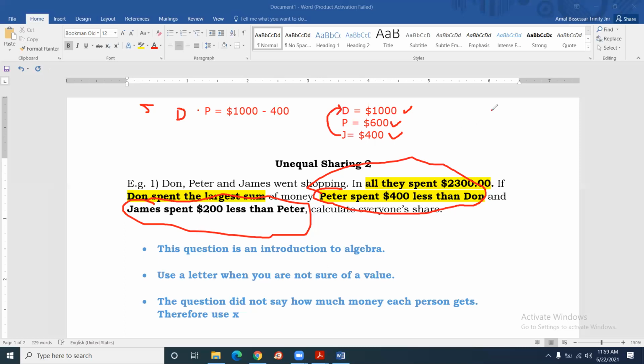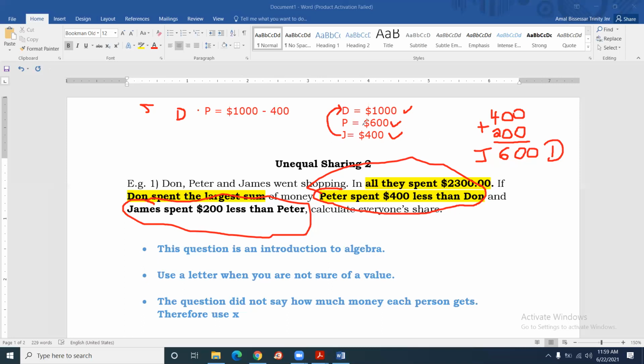Because if Peter is $400 less than Don, and James is $200 less than Peter, then James is $600 less than Don. I will repeat that, although I have it written already, because it's an important key.